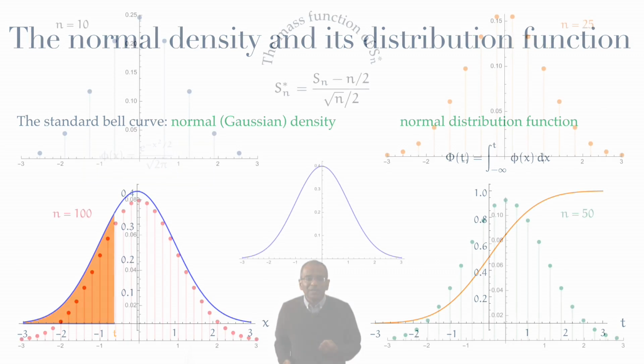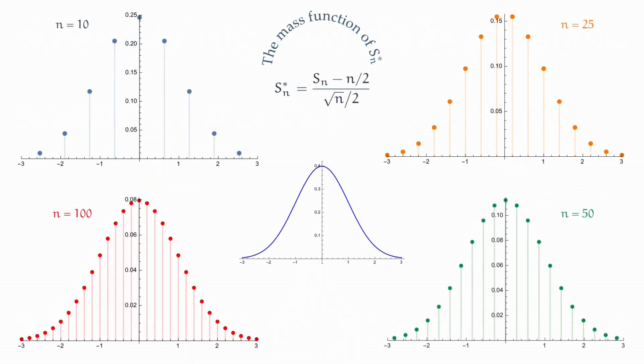Let us turn now to the properly scaled and centered binomial variables, Sn star, given by Sn minus n over 2, properly scaled by the square root of n over 2, and we saw that Sn star has a particular mass function. Let us see what happens if we attempt to fit a properly normalized bell curve through these points.